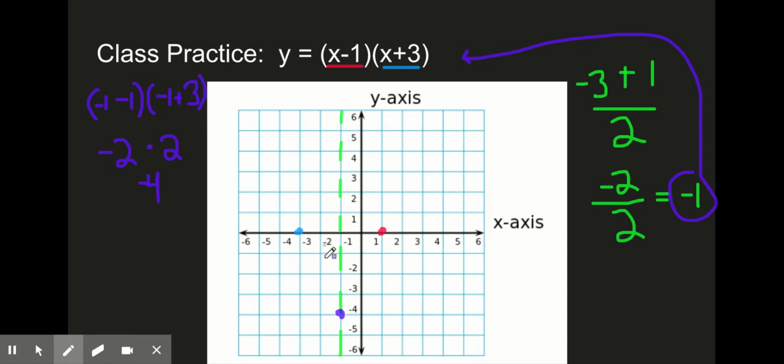And now let me flesh this out by either figuring out what happens at -2 or at 0. I'm going to go with 0 just because I kind of feel like that won't be too bad for me to solve. Doing 0 minus 1 times 0 plus 3.